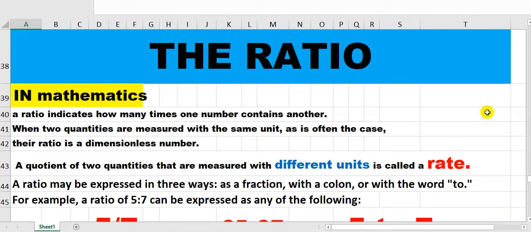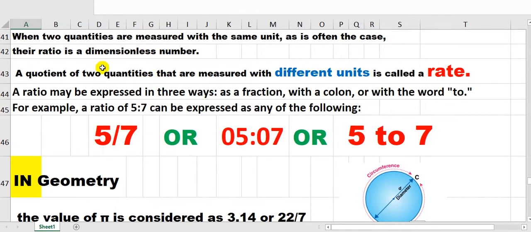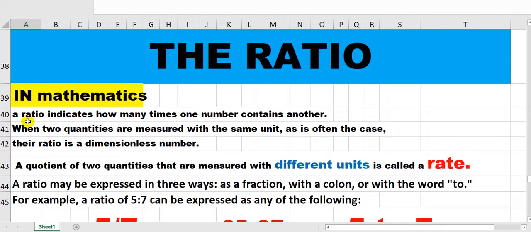I will continue in mathematics, arithmetic, with the term or expression, the ratio. The ratio in mathematics is how many times one number or quantity contains the other one.